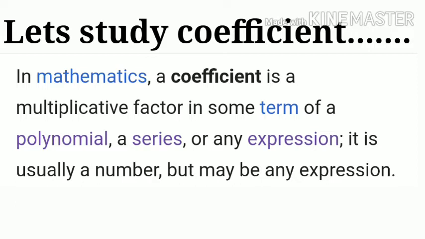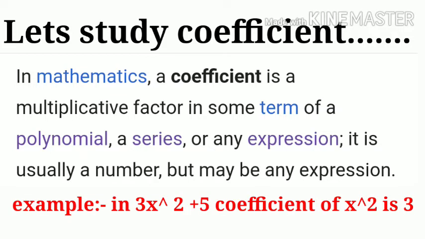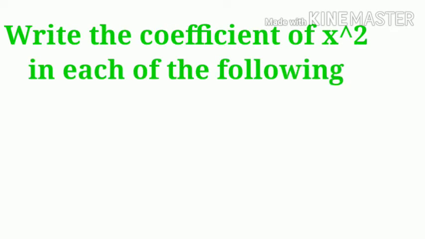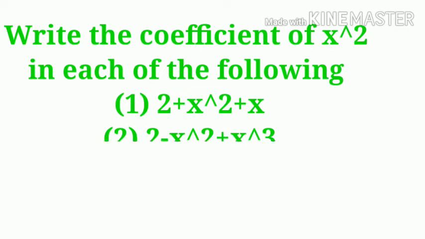To make it simple to understand, I am explaining here with an example. See, in 3x square plus 5, the coefficient of x square is 3, which is a multiplicative factor of x square. I hope now you will be able to answer this question.